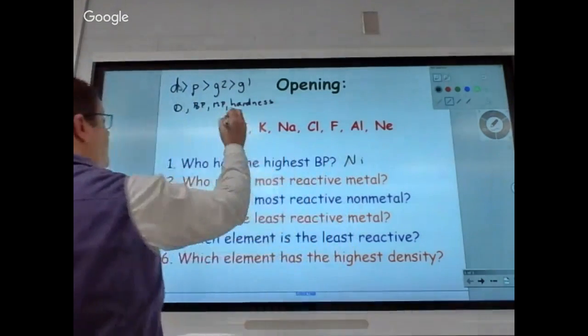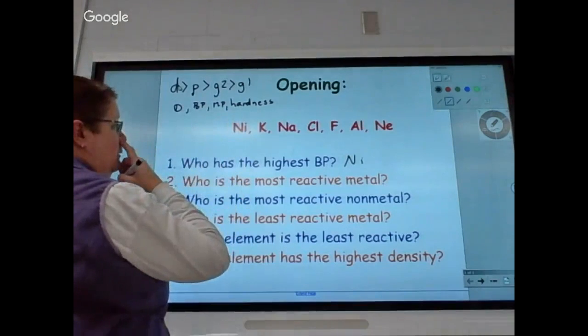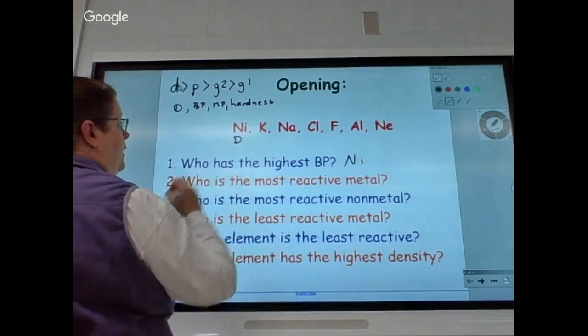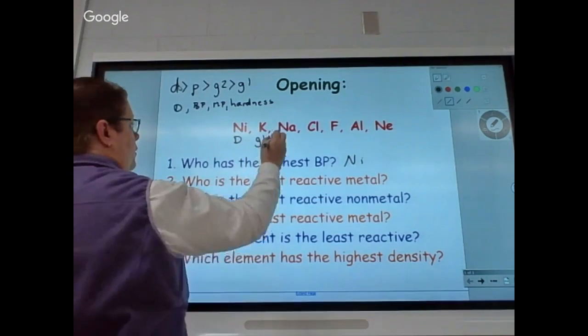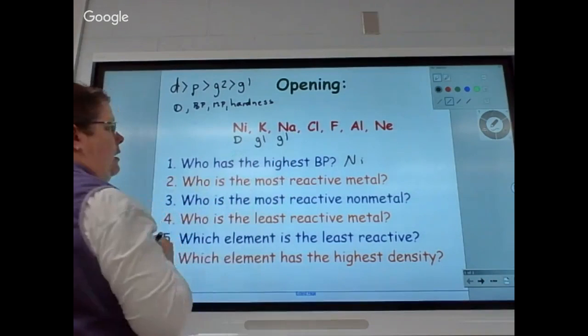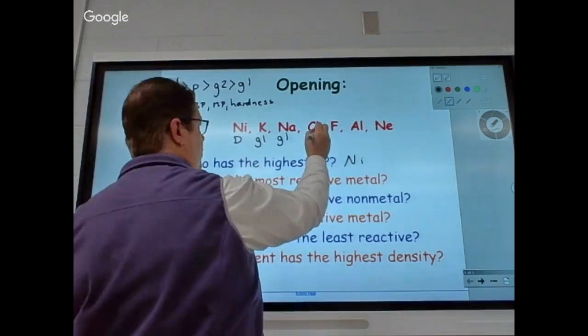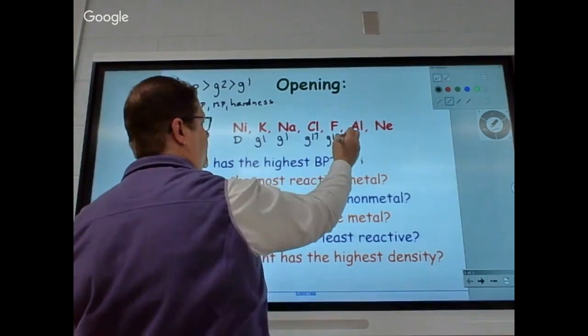Let's find out where all these things are. Where's Ni? It's in the D block. Where's K? Where's Na? Group 1. Where's chlorine? Group 17. Where's fluorine? Where's aluminum?